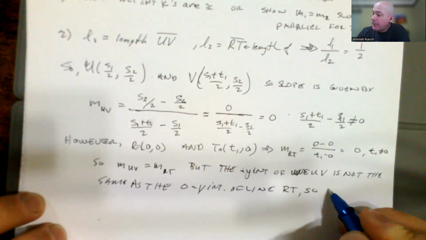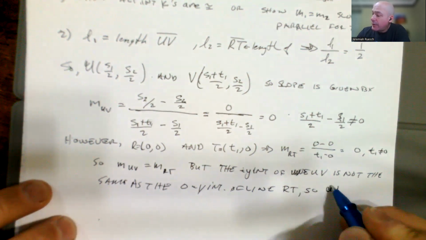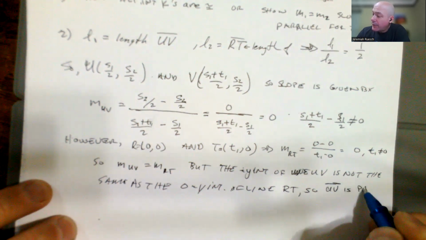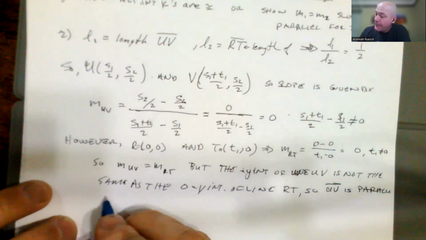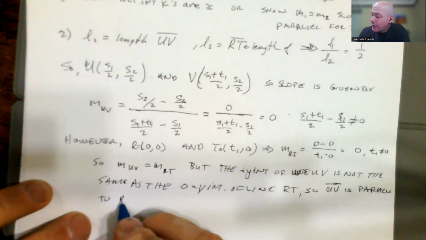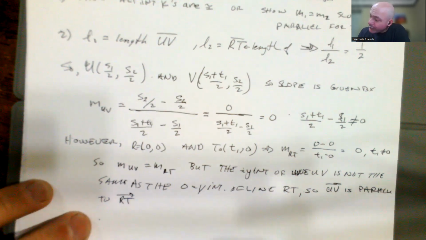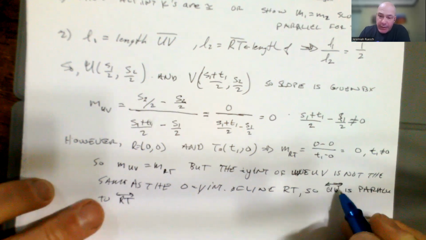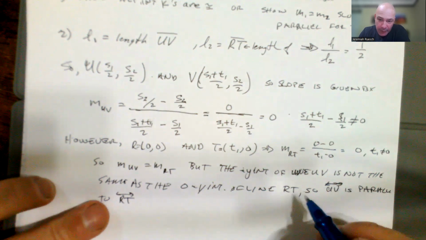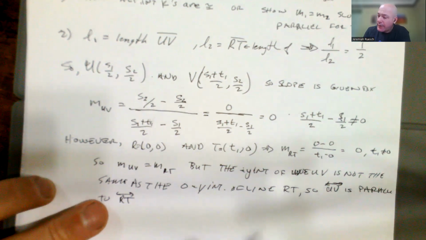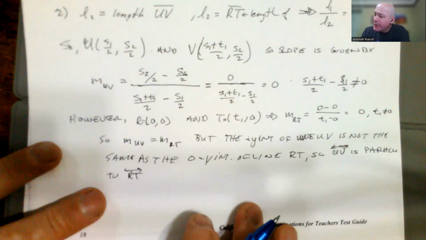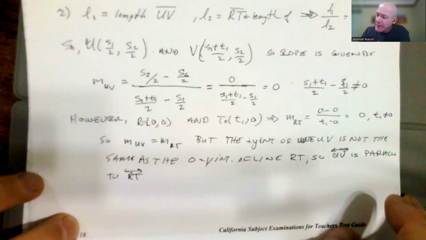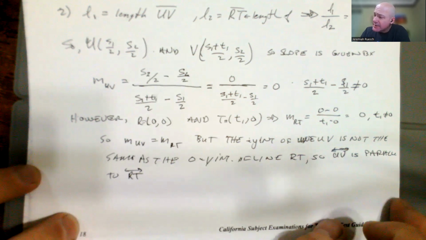So line UV is parallel to line RT. And I'm using the double arrows here to imply that what I'm referring to is the line that goes through the points. Okay. All right, so we have the first part proven. We wanted to show the two lines are parallel. Now we want to show that the ratio of the distances is equal to 1/2.